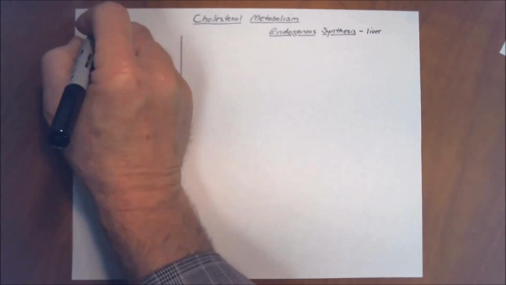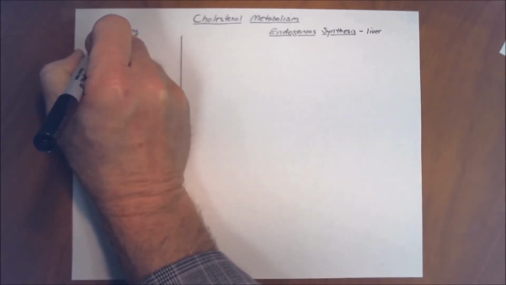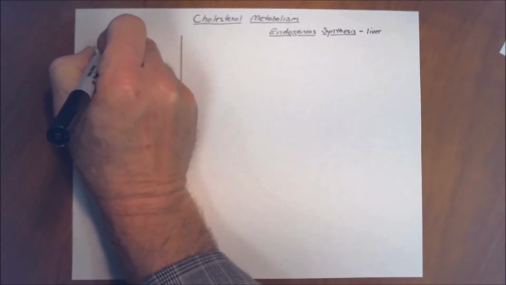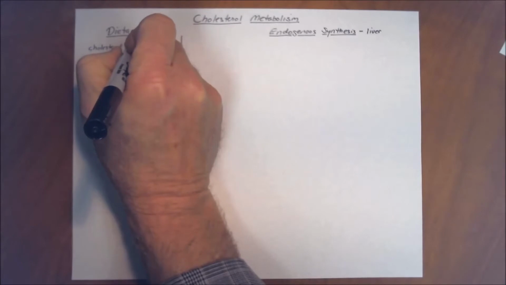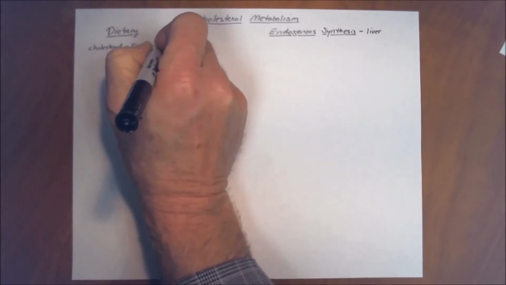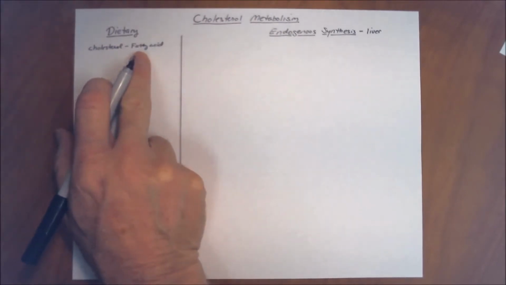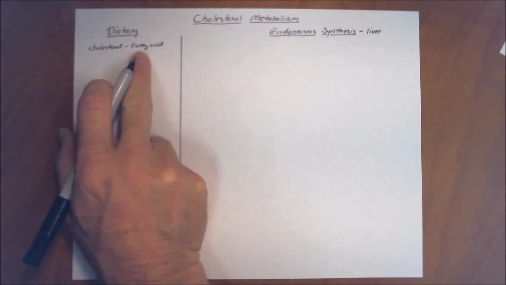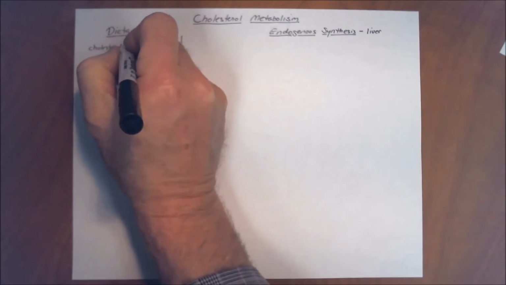Now, dietary cholesterol, recall from our digestive lectures, is in the form of an ester. So it's a cholesterol ester. What that means is that we have a fatty acid that is covalently bound to the 3-carbon hydroxyl group on cholesterol, creating the cholesterol ester linkage.